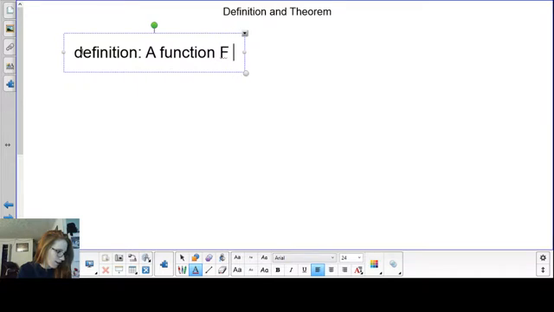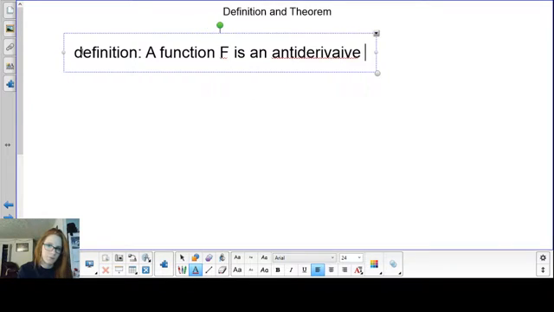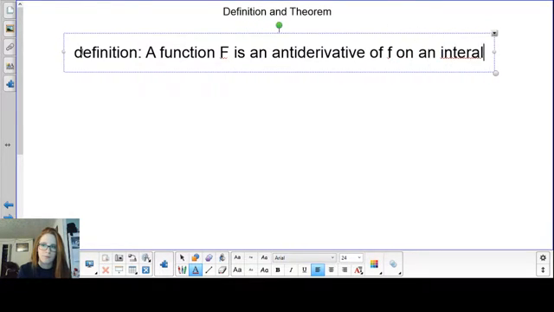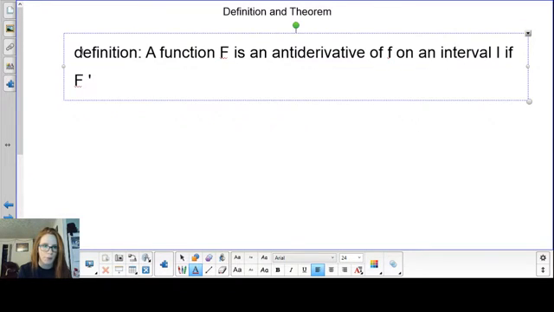A function capital F is an antiderivative of lowercase f on an interval I if capital F prime of x equals f of x for all x in I.